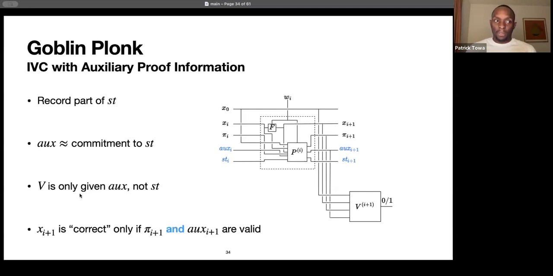So one needs to give a precise meaning to what this means. This is what is introduced in the paper and called IVC with auxiliary proof information, where you have your proofs, but you guarantee correct extraction only if the auxiliary input is valid. And by valid, I mean that the opening to that commitment is a valid set of operations.